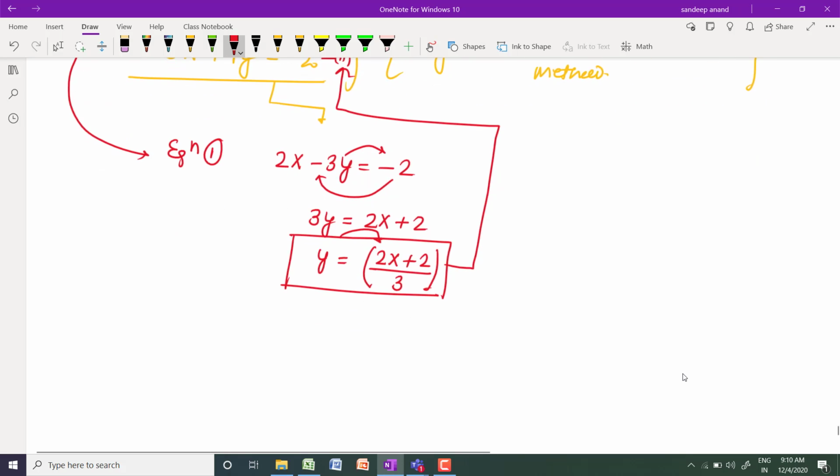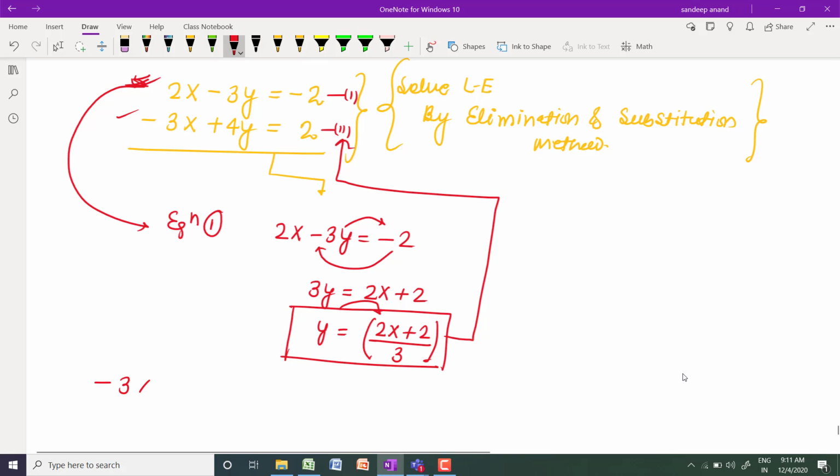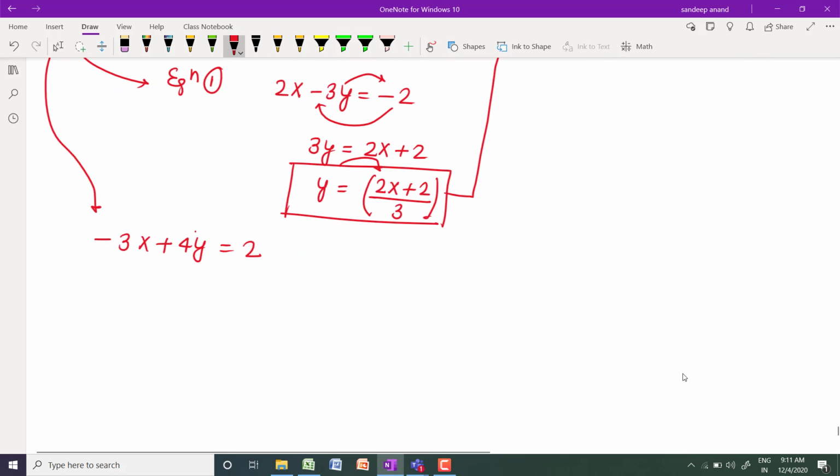Again I am repeating. The second equation is minus 3x plus 4y is equal to 2. Now instead of y, I am putting this value. So this is minus 3x plus 4 times (2x plus 2) divided by 3, that is equal to 2.